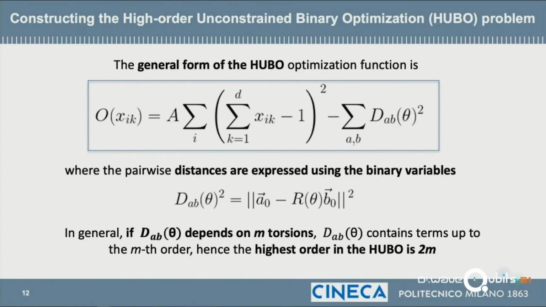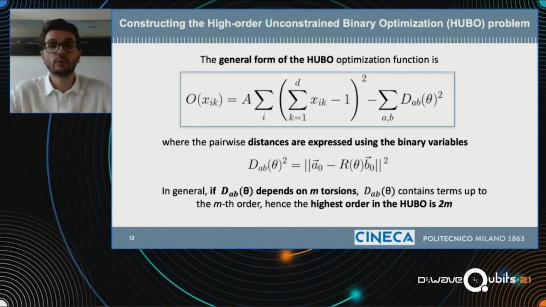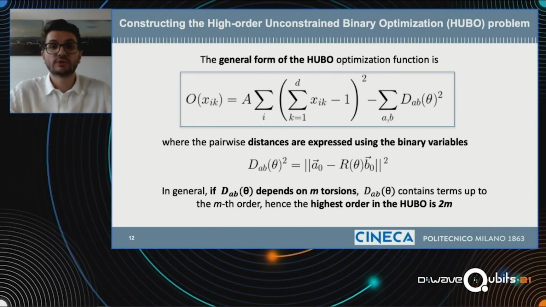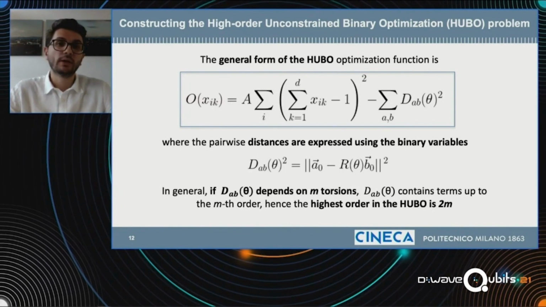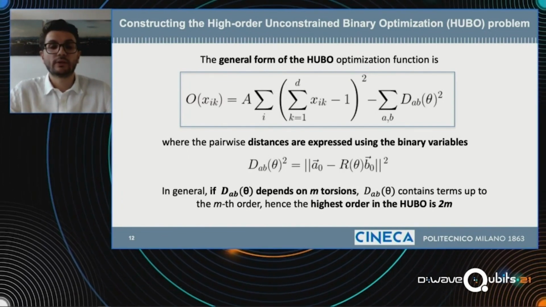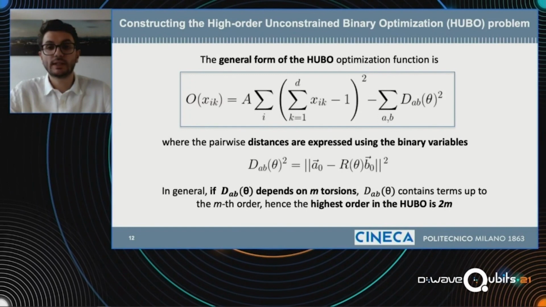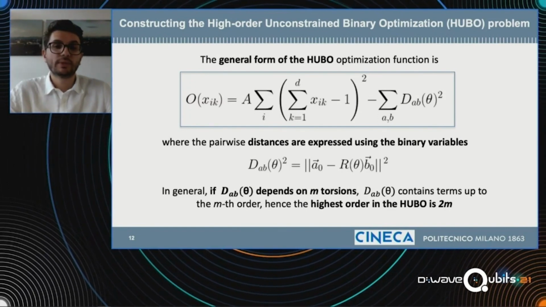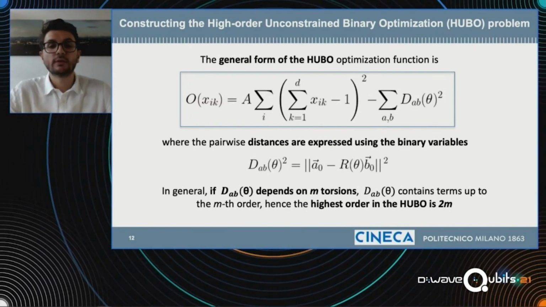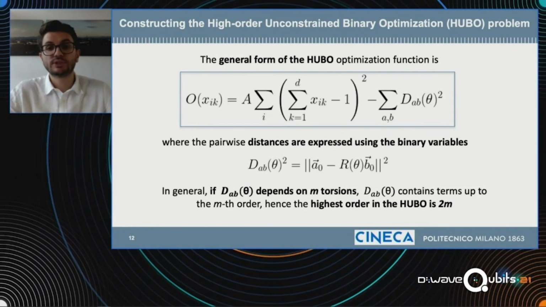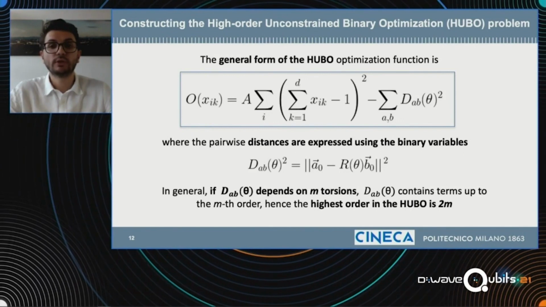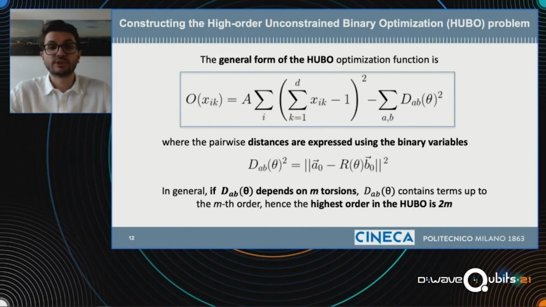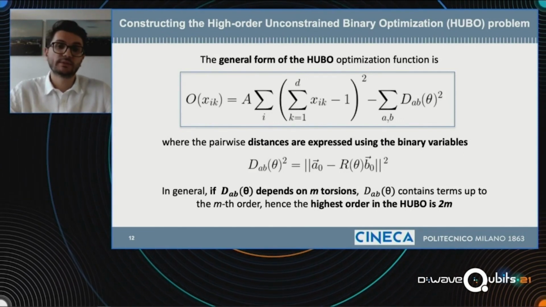Since we can't usually get a QUBO formulation straight away, we start from the construction of the higher order unconstrained binary optimization problem, or HUBO. The formulation will be like the one in the box, where the first term is the hard constraint multiplied by a constant that modulates its strength, minus the optimization term, minus because we want to maximize this function, while the overall optimization formulation will be minimized.